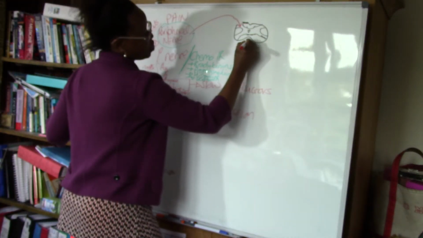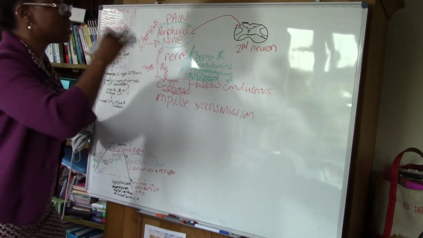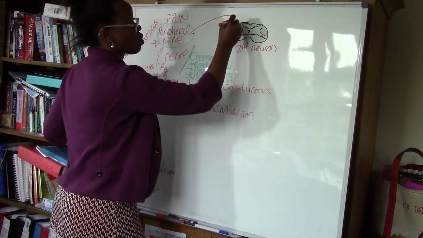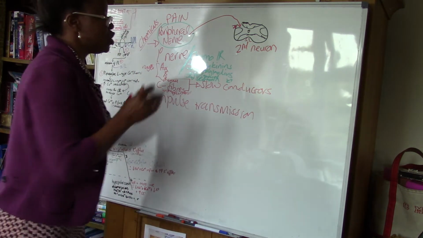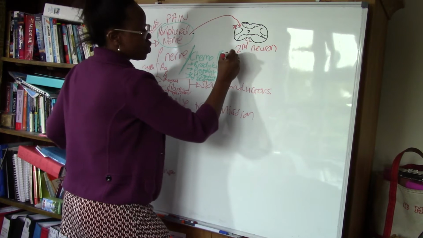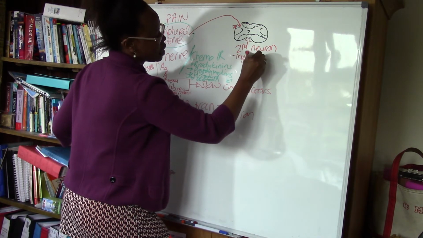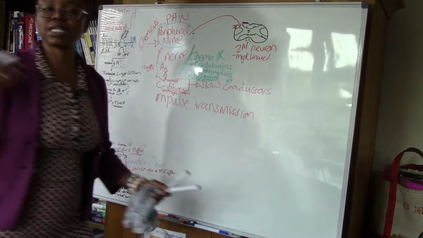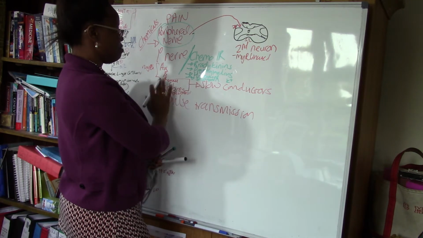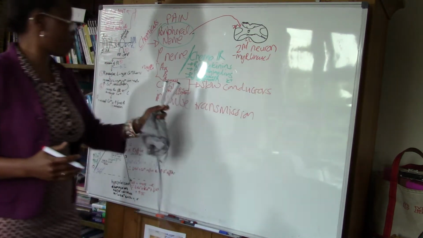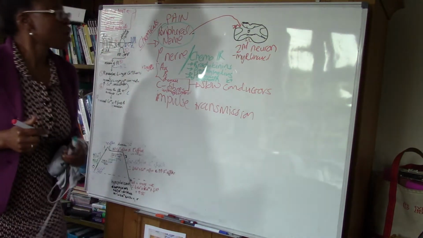So the secondary neuron is in the dorsal horn of the spinal cord. So this is the spinal cord. And usually the secondary neuron is myelinated, which means that obviously it can then propagate impulse faster than even the slower conductors from the C fibers or indeed the A delta fibers.